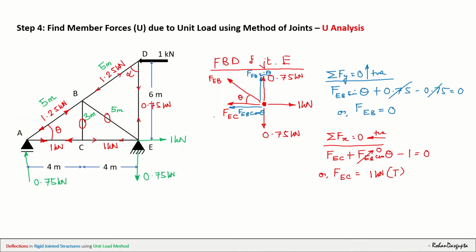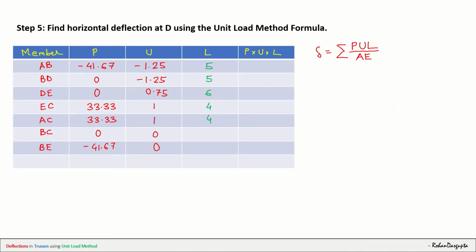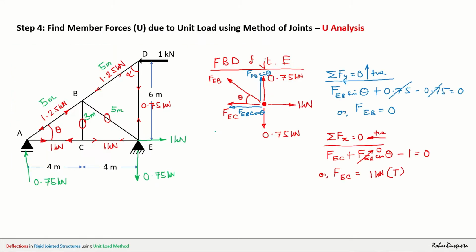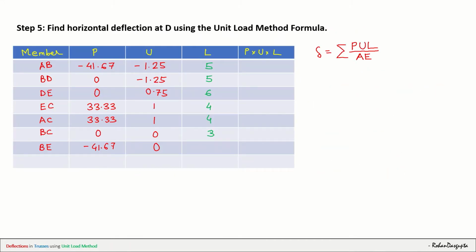And BC is 3, and BE is 5. So let us do the multiplication now. In PUL, you have to multiply P by U by L. So I will just keep writing the values.